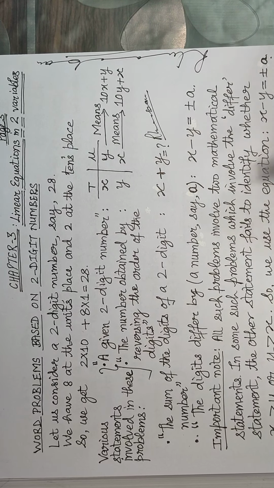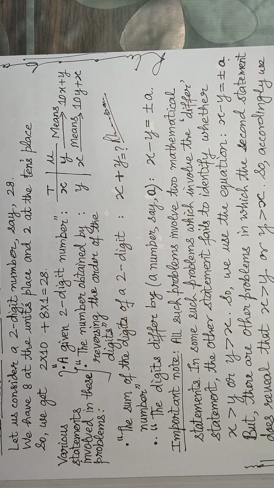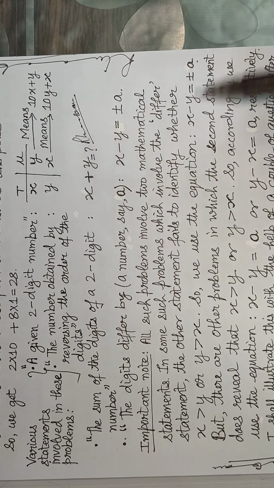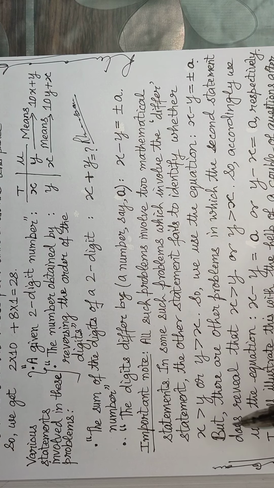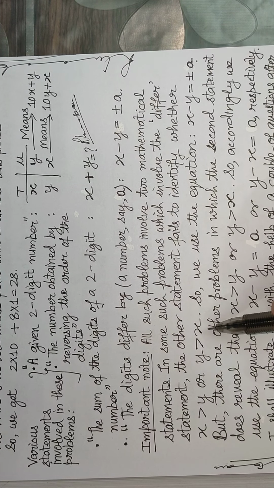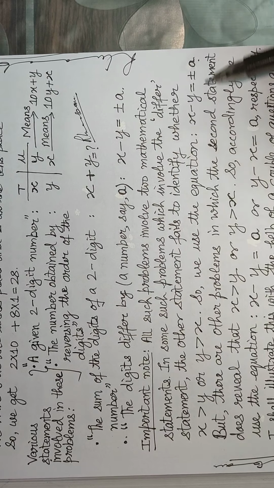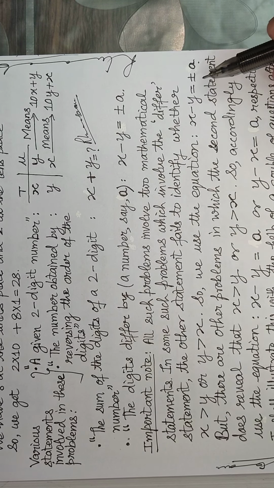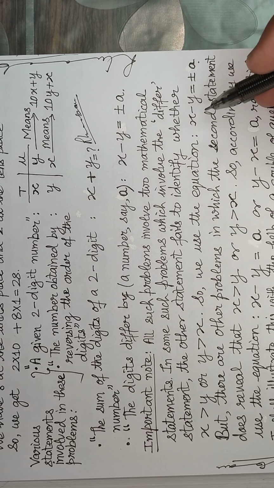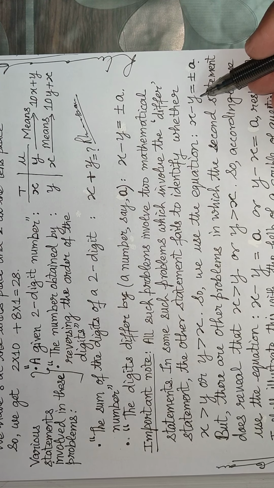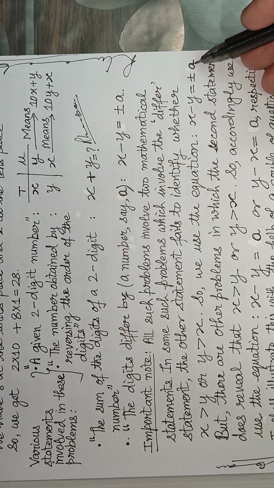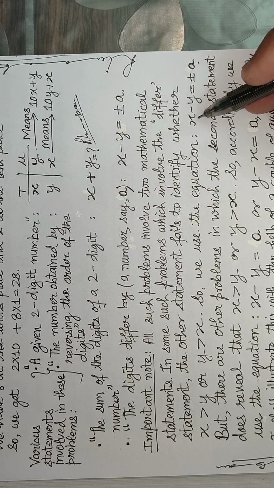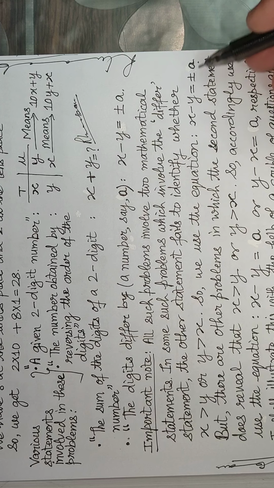In some of these, which involve the differ statement, the other statement fails to identify whether x is greater than y or y is greater than x. So we use the equation x minus y equal to plus minus a, because we have not been able to identify whether x is bigger or y is bigger. Either one of them can be bigger. So if x is greater than y, you have x minus y equal to plus a, and if y is greater than x, then you will have x minus y equal to minus a.